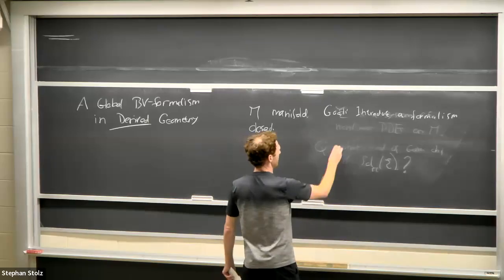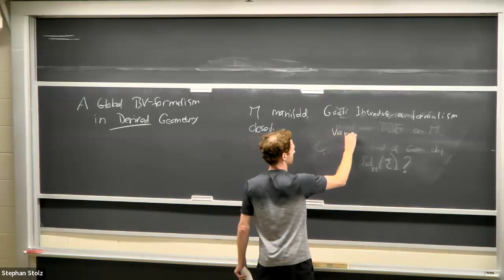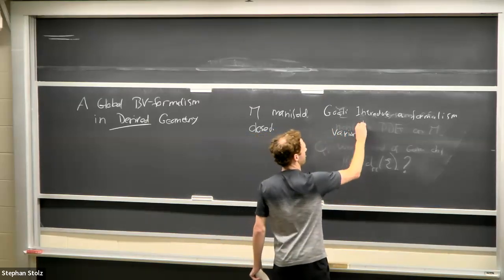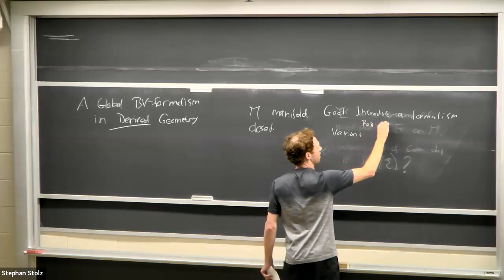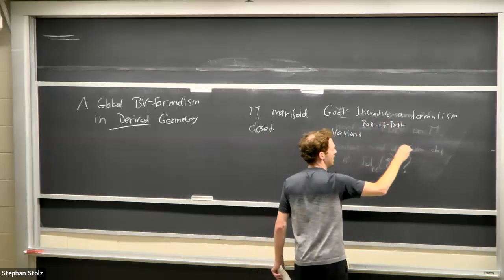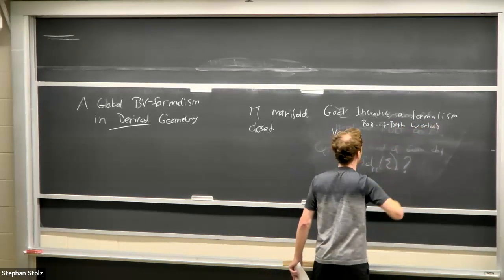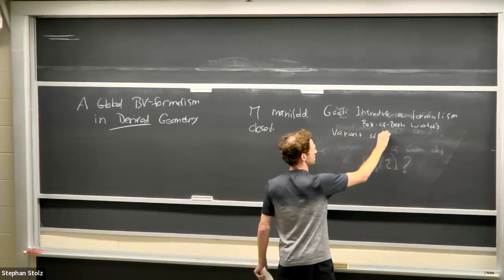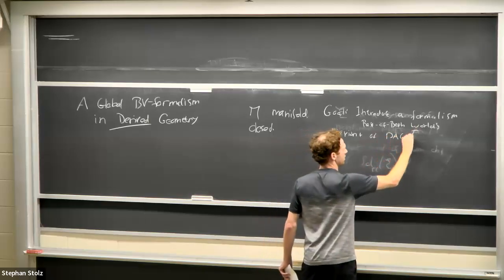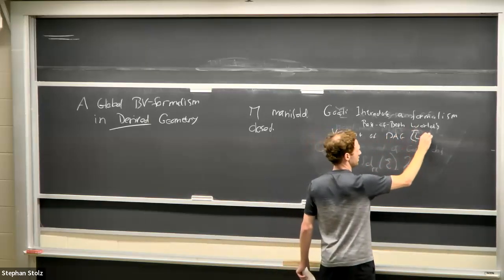Which is going to be a variant of derived algebraic geometry as developed by Jacob Lurie and Bertrand Toën.